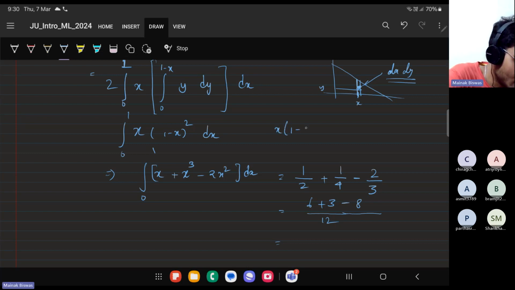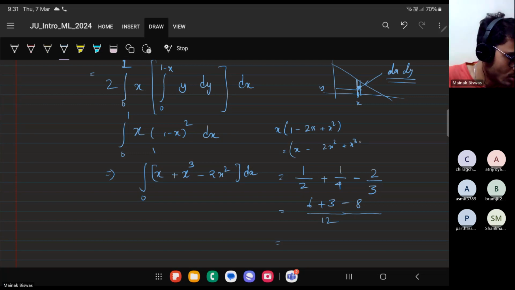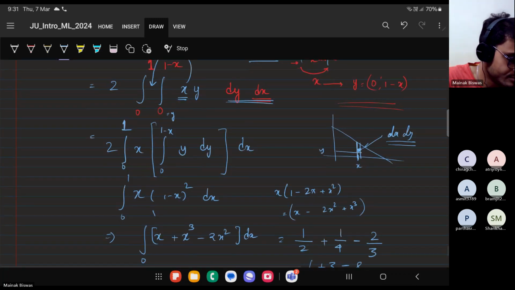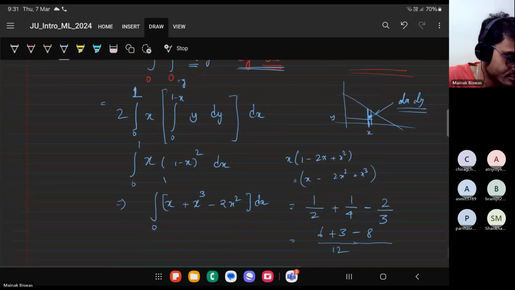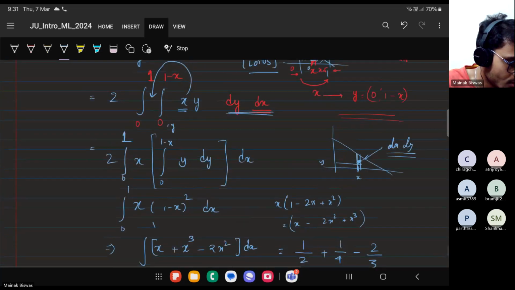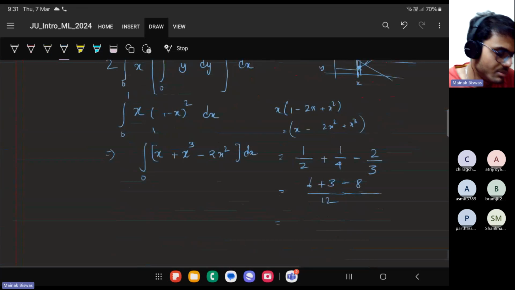X into 1 minus 2x plus x square, x minus 2x square plus x cube. Where am I making the error? Help me out.